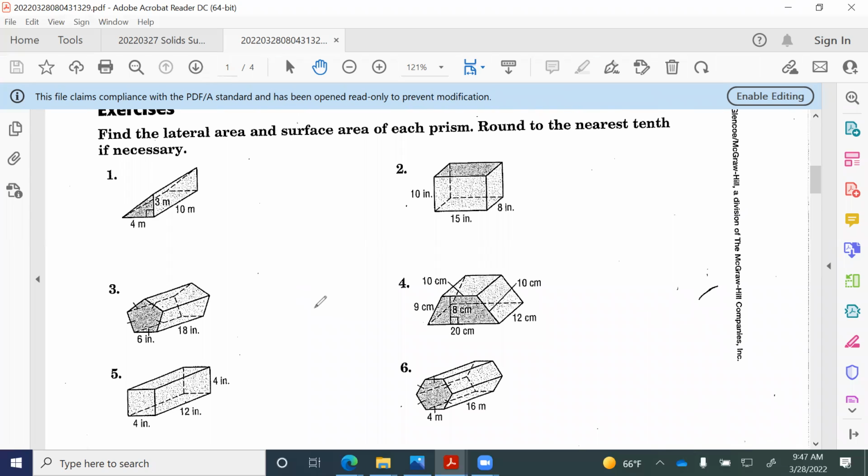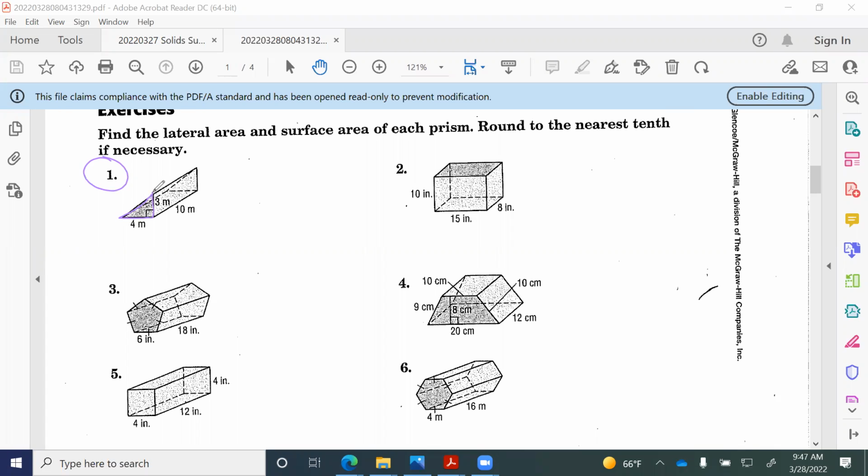All right, let's go up to the first example here. On example 1, what shape do we have first? What shape for number 1? A triangle. All right. So we have a triangle, that triangle acting as our base.